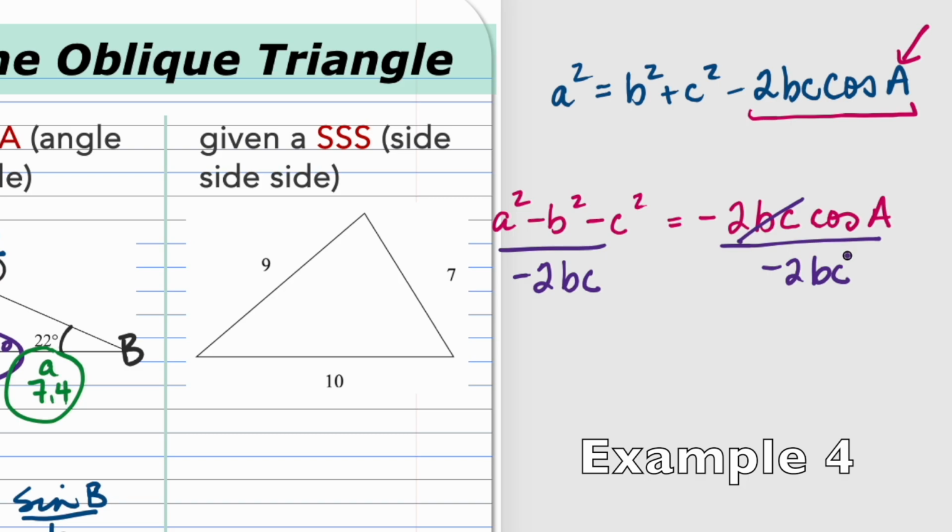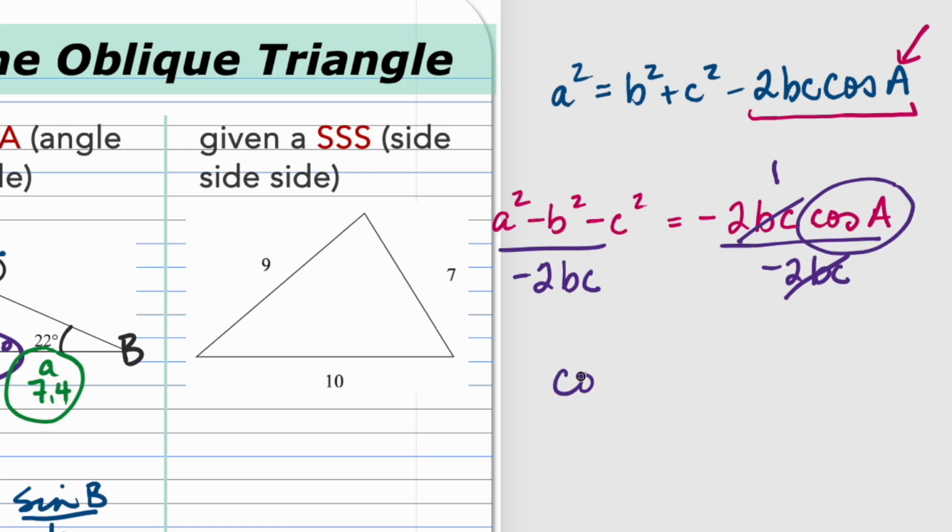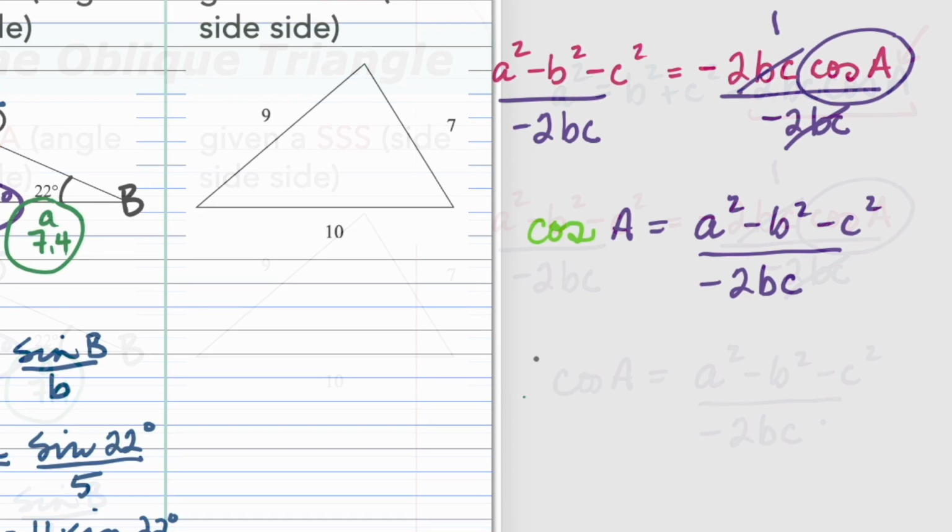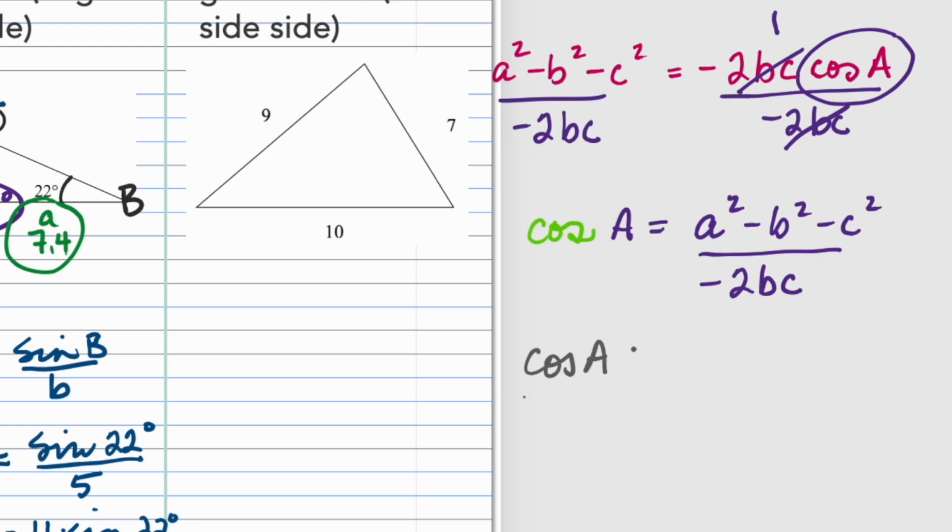Negative 2bc makes 1, and we've got our cosine alone. We'll just put it over here. And on the other side is a squared minus b squared minus c squared all over negative 2b times c. When we plug in the values, it doesn't matter as long as we're consistent here.